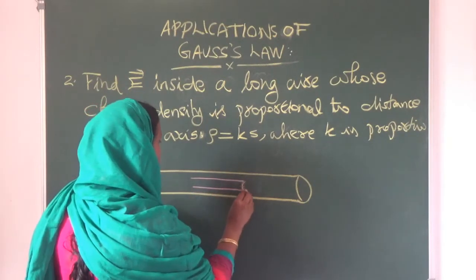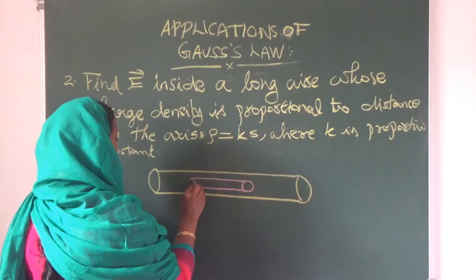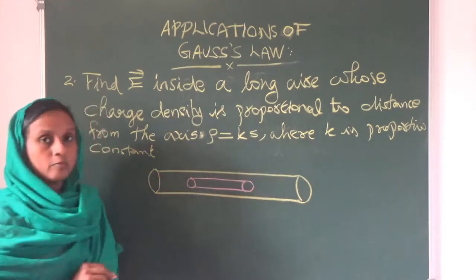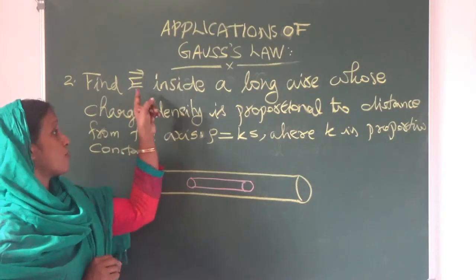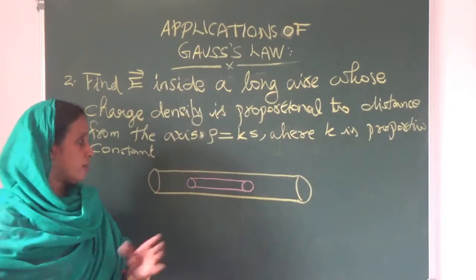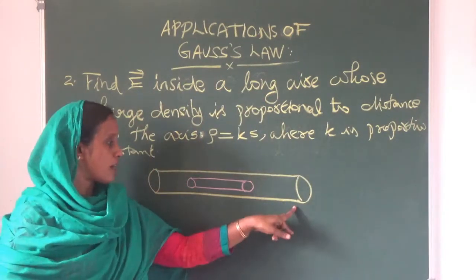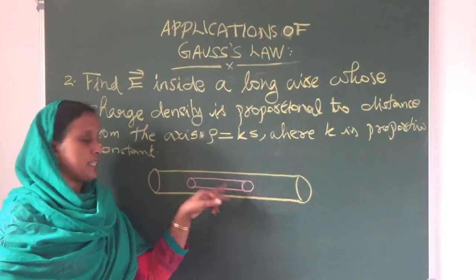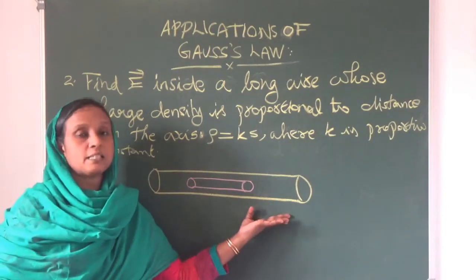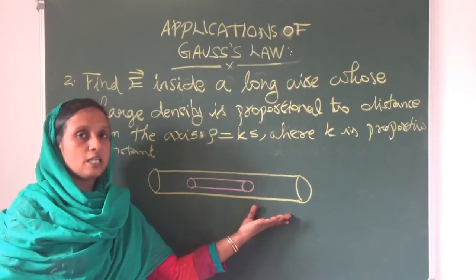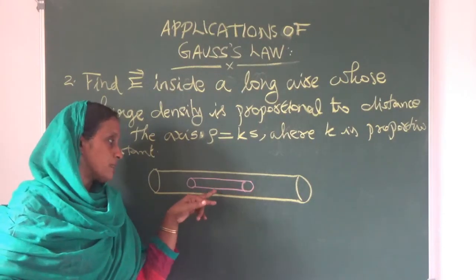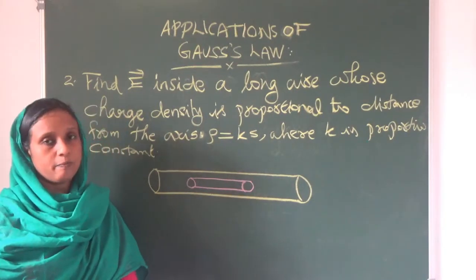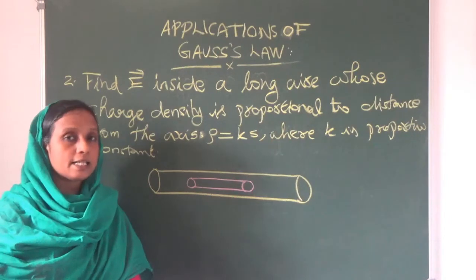Suppose this is the Gaussian cylinder, because we want to find the electric field inside the wire. This is the wire, this is our Gaussian cylinder. Since this system has cylindrical symmetry, we use a cylinder as the Gaussian surface.